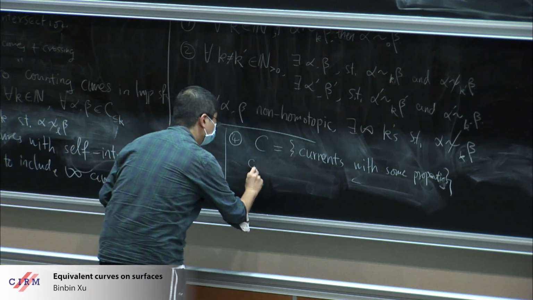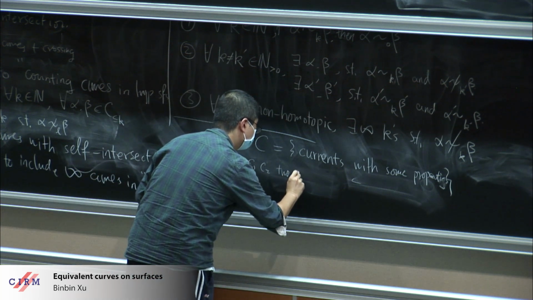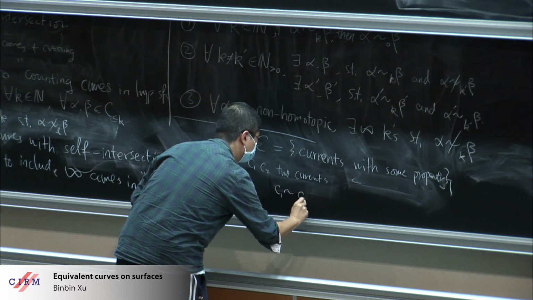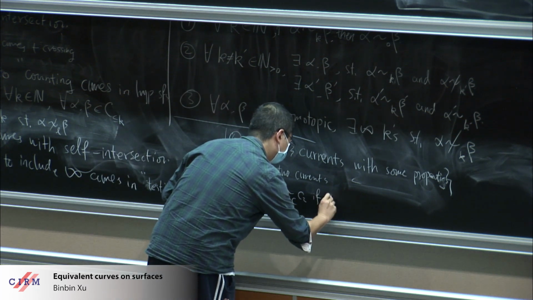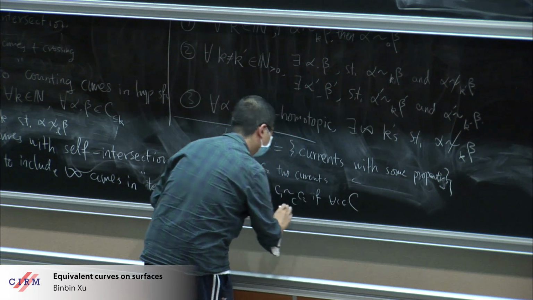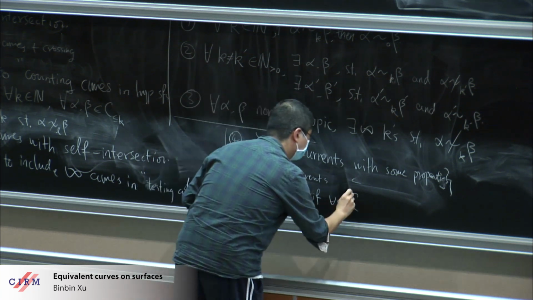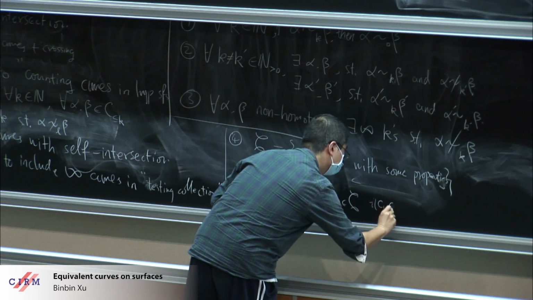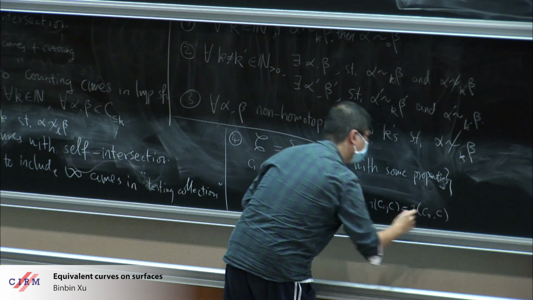When C1 and C2 are two currents, we say C1 is equivalent to C2 with respect to C if and only if for any C in this set, we have that the intersection of C1 and C equals the intersection of C2 and C.